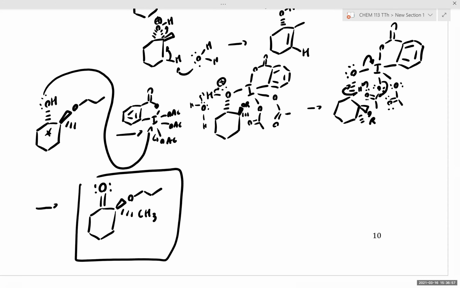So this is a useful method to prepare highly substituted ketones with both stereo control and regio control. Does this example make sense? Again, even though it looks complicated at first glance, all of the pieces we've actually covered, and in fact, everyone in this class has drawn a mechanism for each of these individual steps as part of our lecture discussions. So, any other last minute questions on this example?